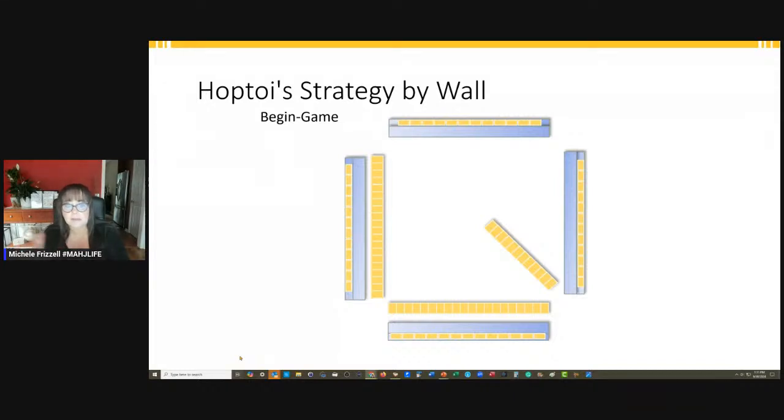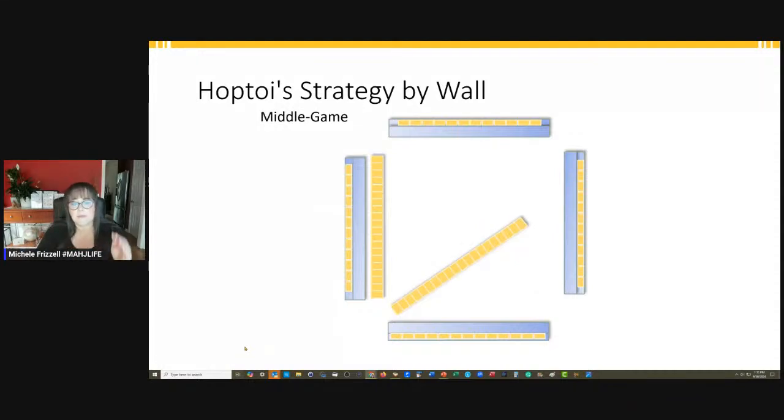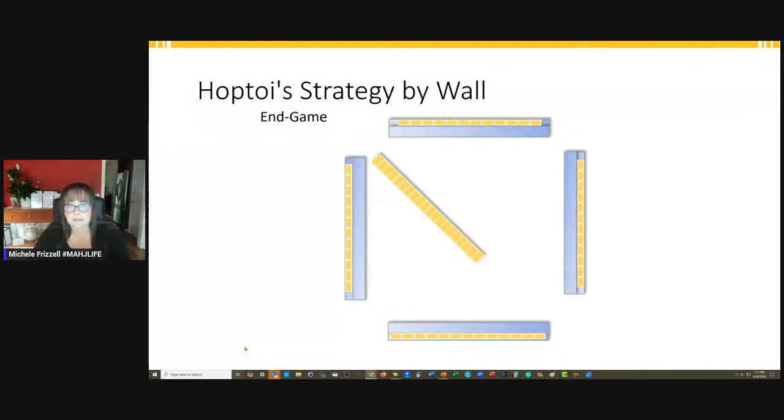That short wall, that's the begin game. Then the next full wall, that would be the middle game. And then the last wall would be the end game. So we're going to take it phase by phase.